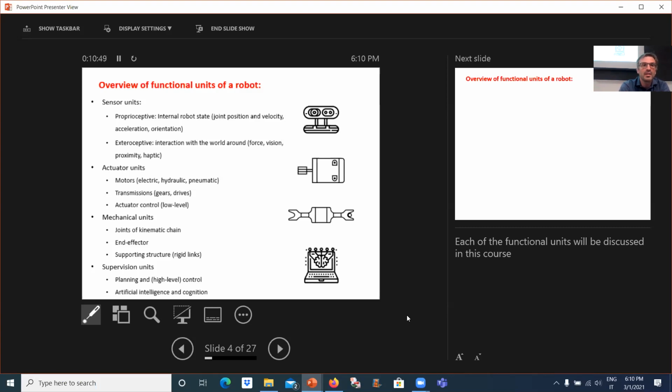And then planning is the trajectory that needs to be tracked by the controller. So it provides a trajectory to follow.